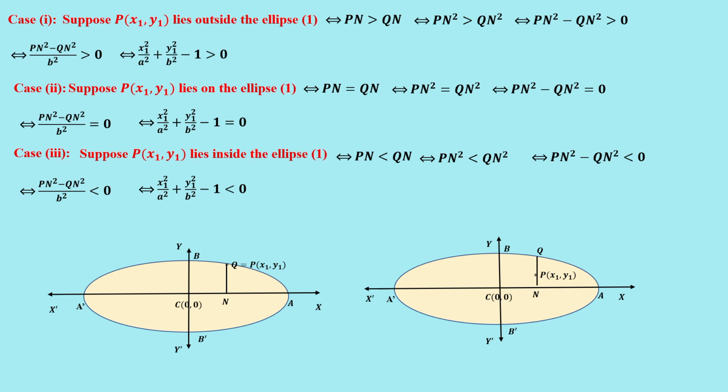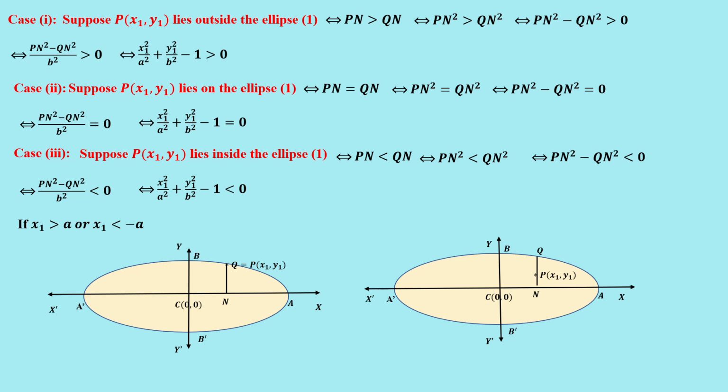Therefore x1 square by a square plus y1 square by b square minus 1 is a negative value, less than 0. If you get less than 0 when you substitute the point in that expression, then the point is definitely lying inside the ellipse.